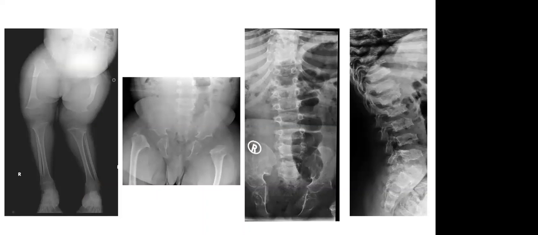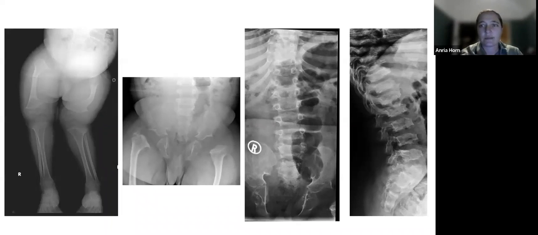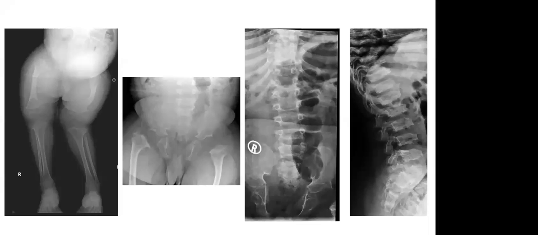Okay. So multiple images, left side of femurs and tibias and knees, pelvis, and then including spine. You can barely see the epiphyses, abnormal physes as well, with it looks like coxa vara on both. The femurs are bowed more than the tibias.